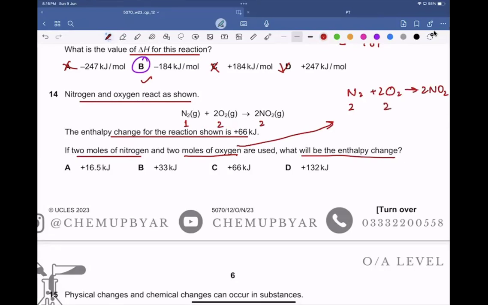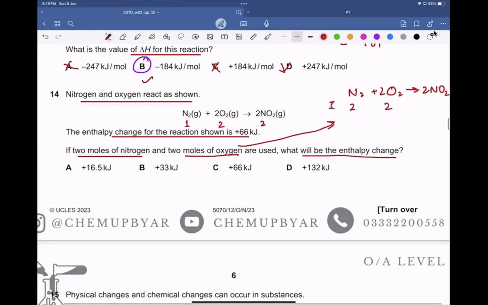Okay, they have given you the 2 moles. That is the initial condition, and the product is 0. So when the reaction starts and the change occurs, how many moles of nitrogen are going to be consumed? Only 1 mole of nitrogen is consumed, because the ratio between nitrogen and oxygen is 1:2, and at the end we will have 1 mole of nitrogen left.